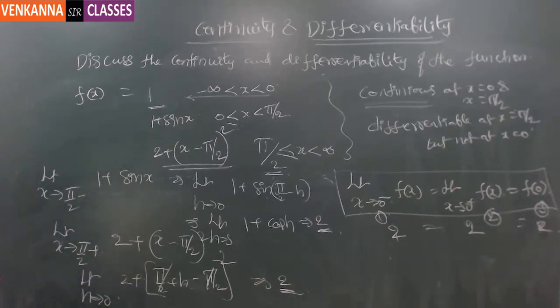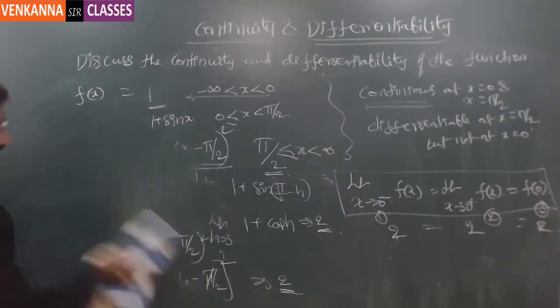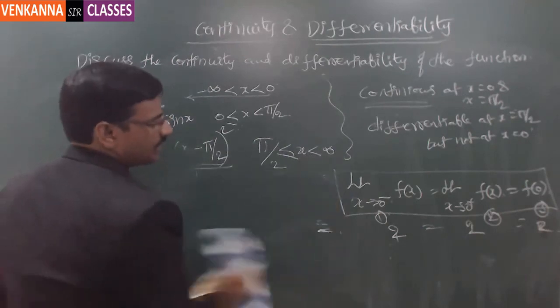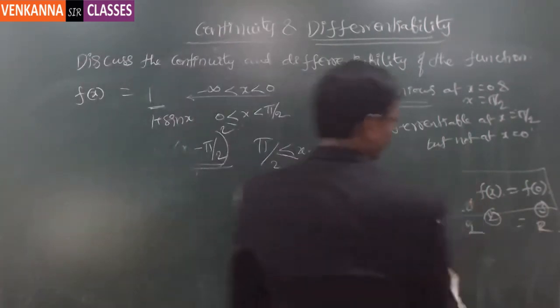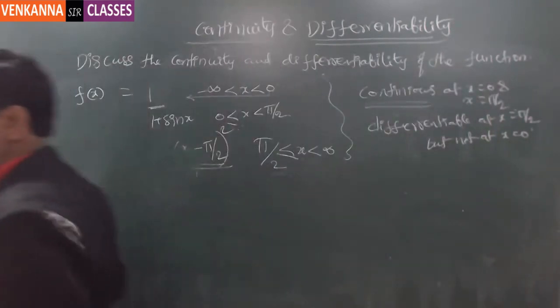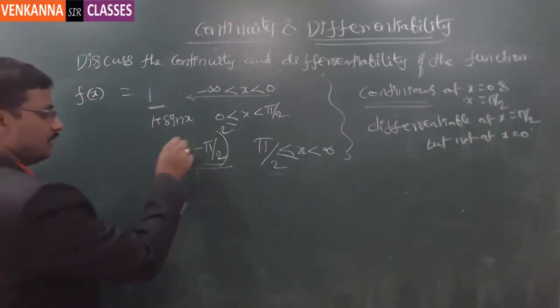So this is the continuity test. Now the differentiability test is you need to identify the left limit and right limit, both the cases. So left limit and right limit you identify, then if both are equal the function is differentiable. If not, it is non-differentiable. That is, this value is x.